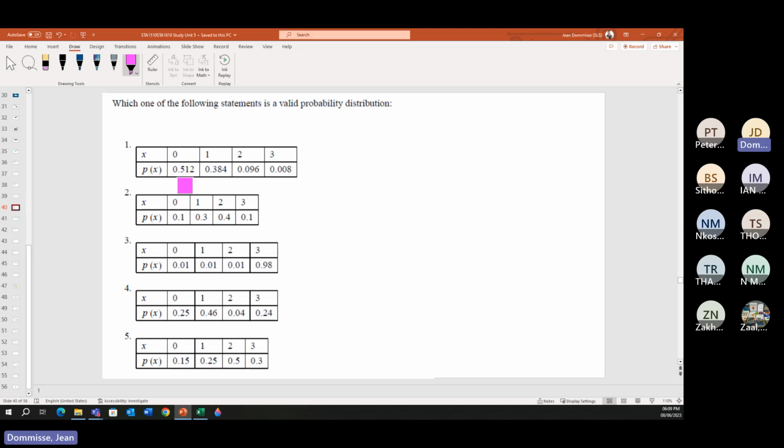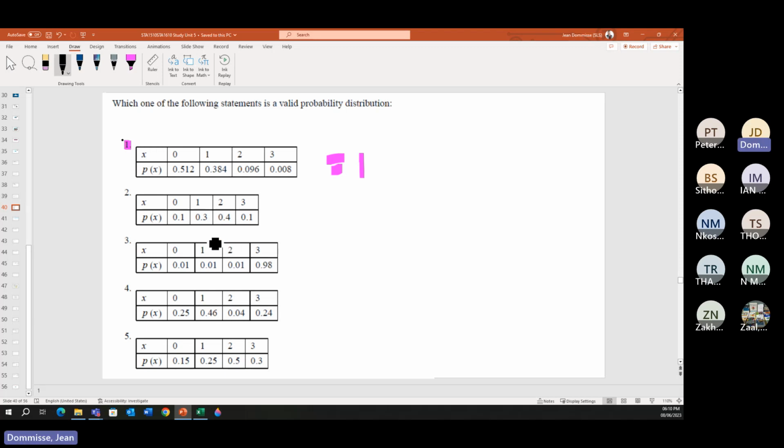So let's see, does that add to 1? 0.512 plus 0.384 plus 0.096 plus 0.008. Okay, so the first one equals 1.